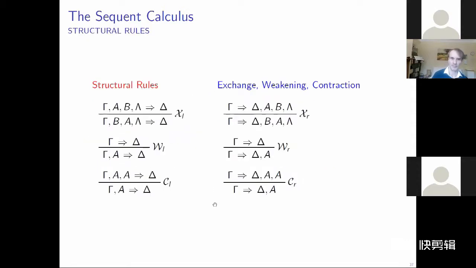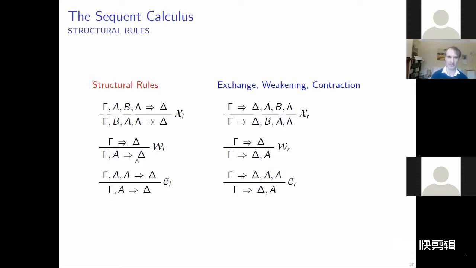Okay. And then for the bookkeeping, you need a little bit more. You need certain structural rules. These are boring rules: you can add stuff, weakening, and you can flip the order of formulas in the sequence, called exchange.